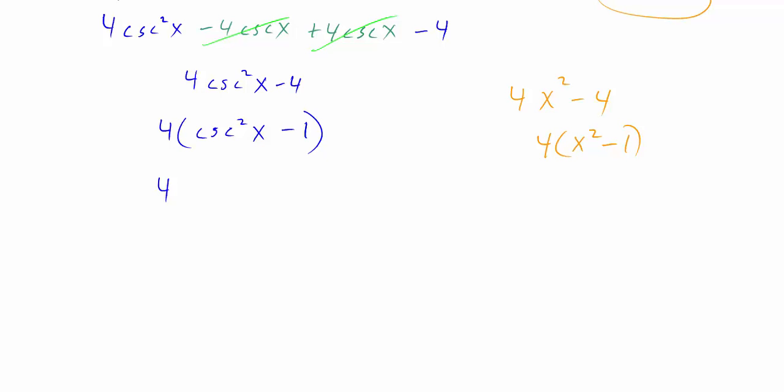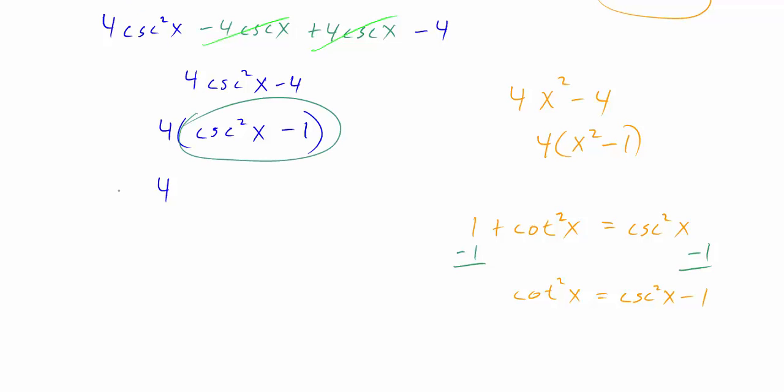Okay, if we go up here and look at the Pythagorean identity, if we have 1 plus cotangent squared x is equal to cosecant squared x, then if we simply rearrange this by subtracting 1, because we need a cosecant squared minus 1, then over here we would end up with cotangent squared x equals cosecant squared x minus 1.